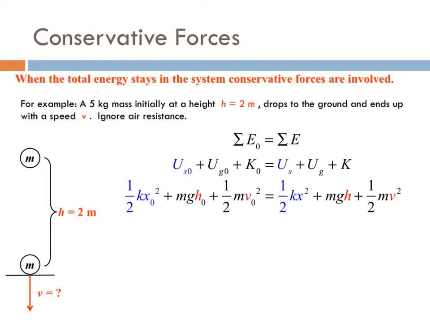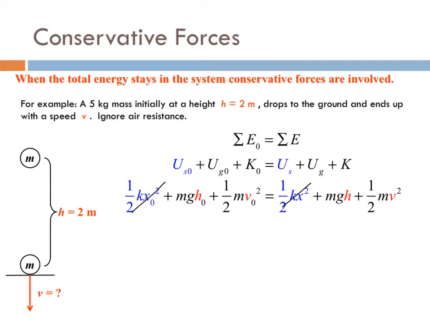So this is a very typical problem that we saw last year. For example, a 5 kilogram mass initially at a height of 2 meters drops to the ground and ends up with a speed of v. Ignore air resistance. Again, air resistance would be a non-conservative force, so mechanical energy would not have been conserved. So again, if you look at our equation, we don't have a spring involved, so actually these two pieces will go away.